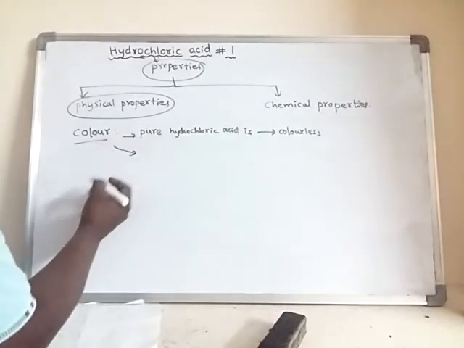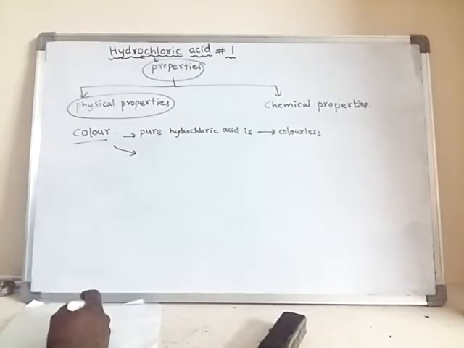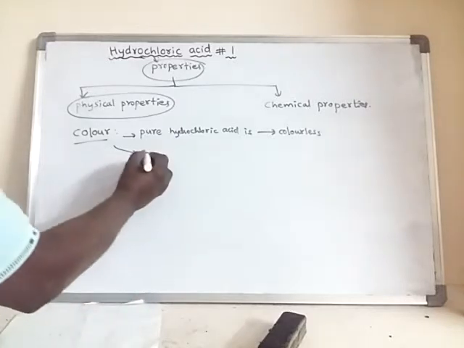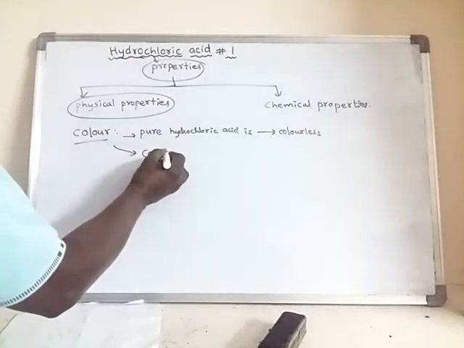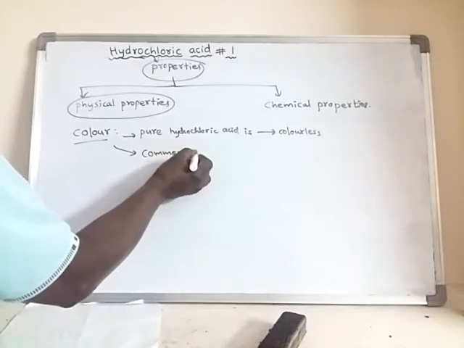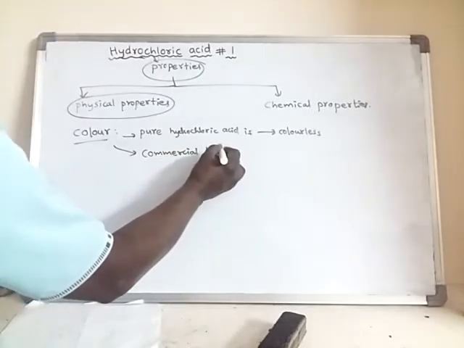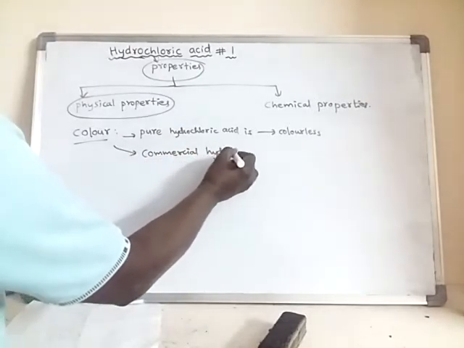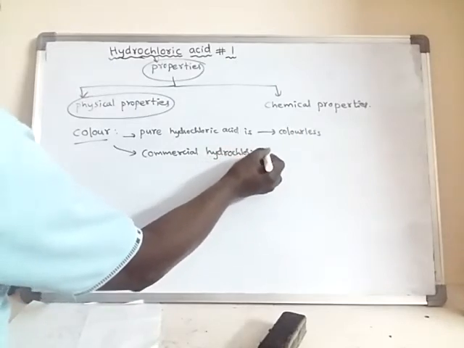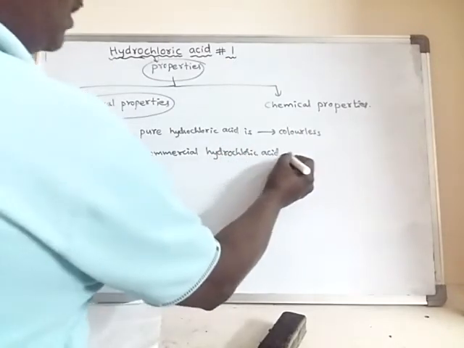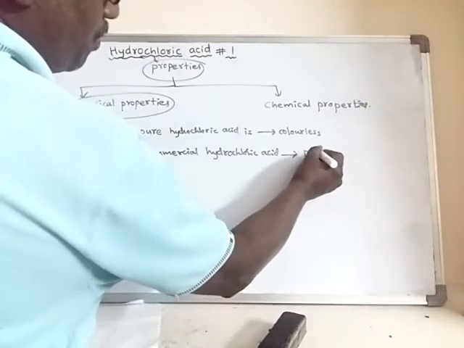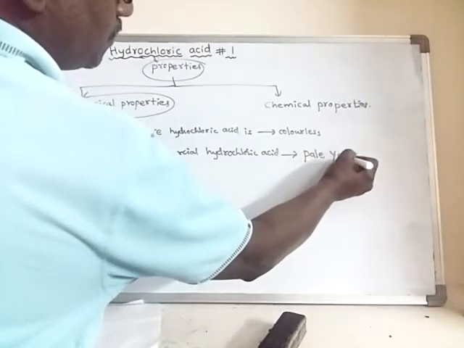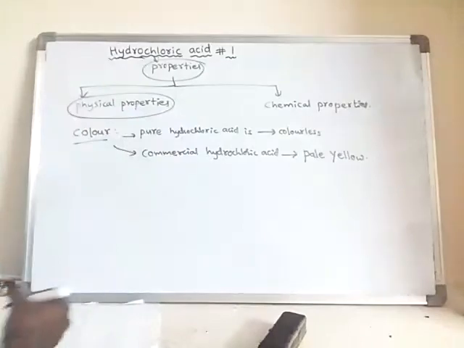Okay, so commercial means the hydrochloric acid which is for selling purpose. So commercial hydrochloric acid is pale yellow in color. Why is it pale yellow in color?